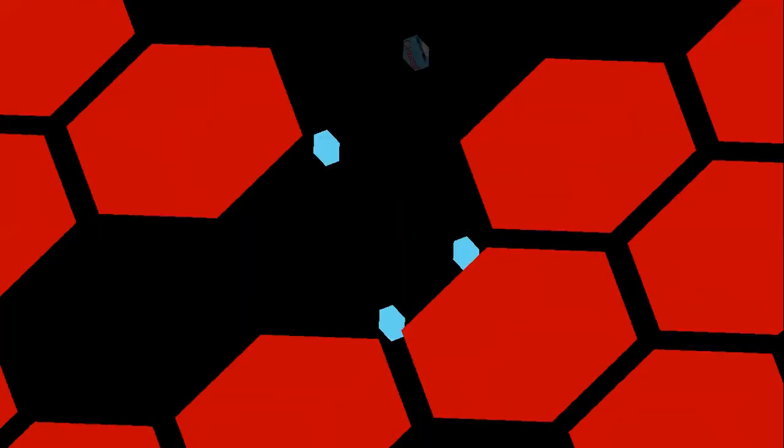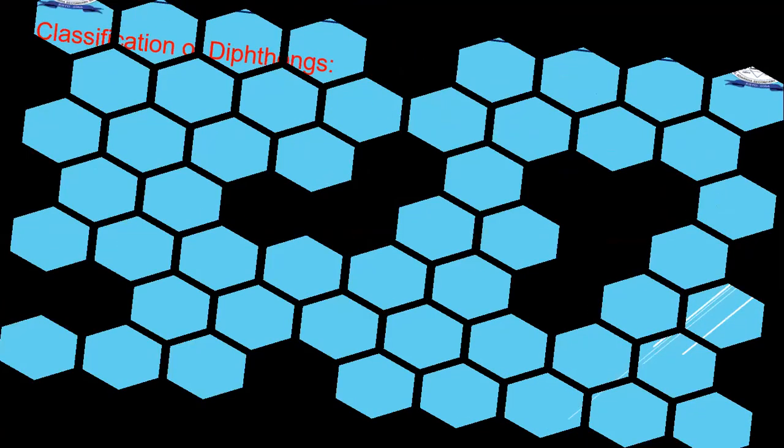Okay, today we are talking about the classification of diphthongs. I would like to revise in short because we couldn't finish the classification of diphthongs yesterday. That's why I start with it today. The first classification, according to the direction of glide, we could do in our previous class.